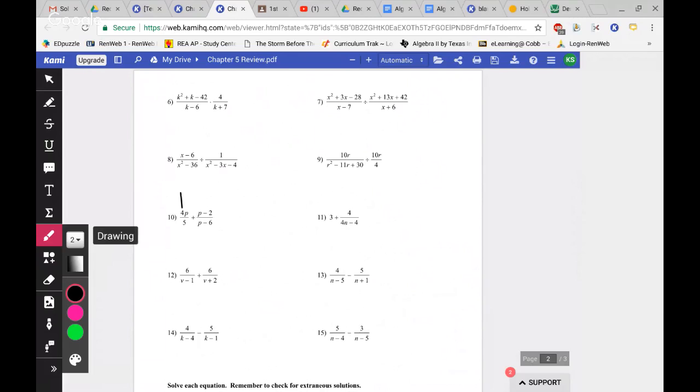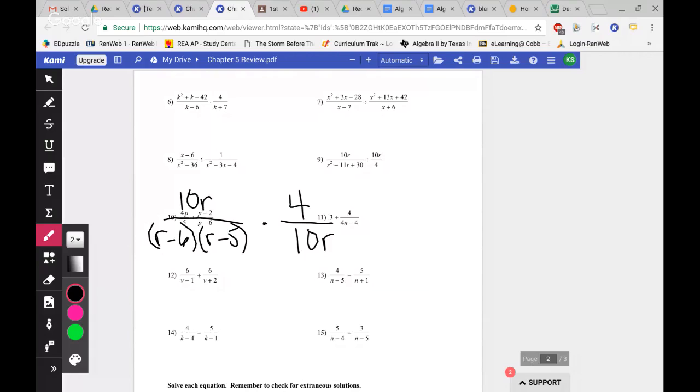Typically, while I'm rewriting the keep, flip, change, I go ahead and write out my factors. So r squared minus 11r plus 30 factors into r minus 6, r minus 5. And then times, and this is where I'm going to flip this over, and I'll have 4 over 10r.